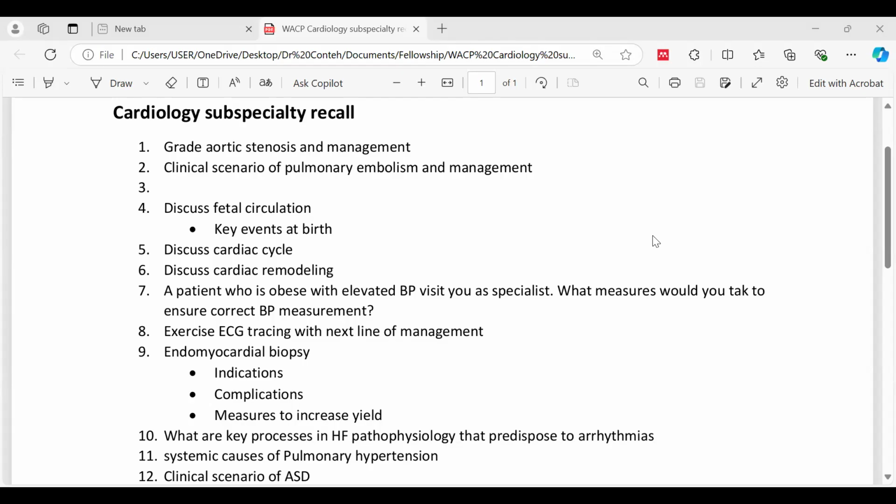The next morphologic pattern is one that occurs due to left ventricular volume overload.